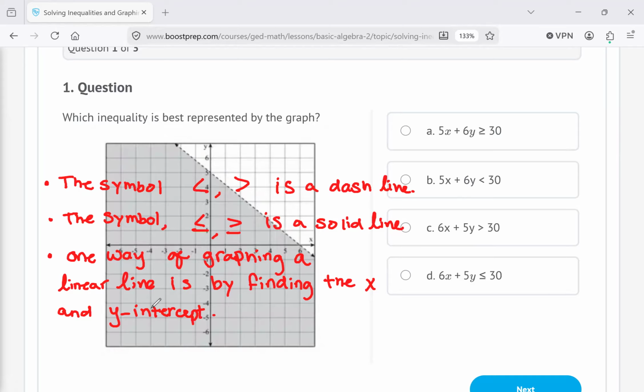So we're going to graph a linear line by finding the x and y-intercept. We're not going to graph it using the rise over run method, but you could if you want to.